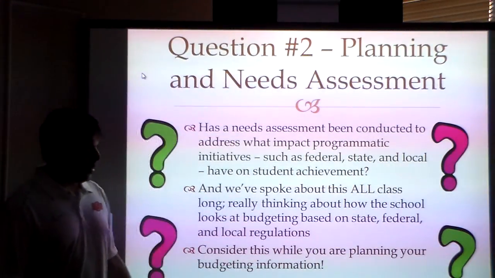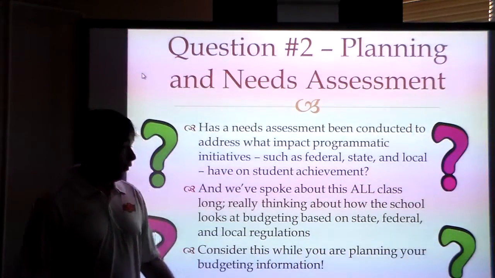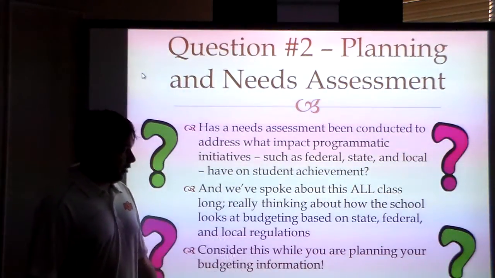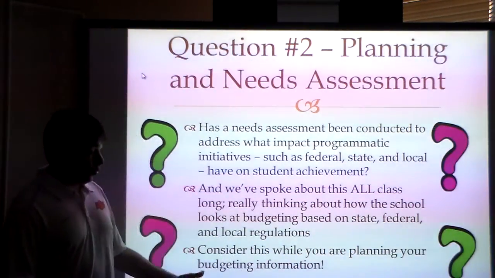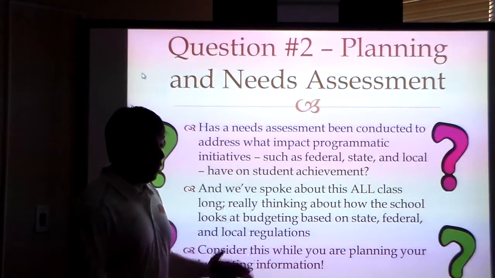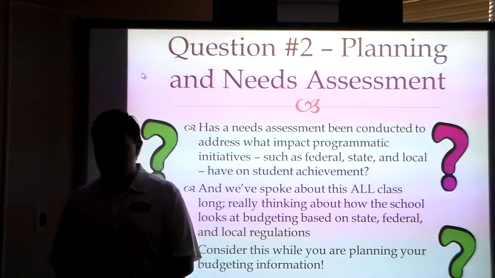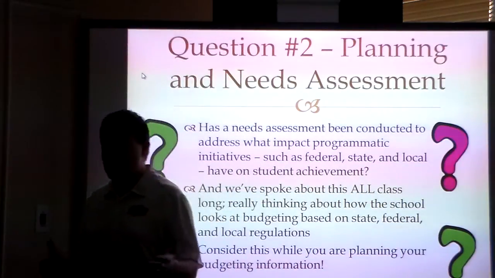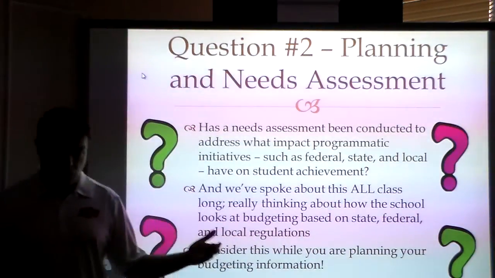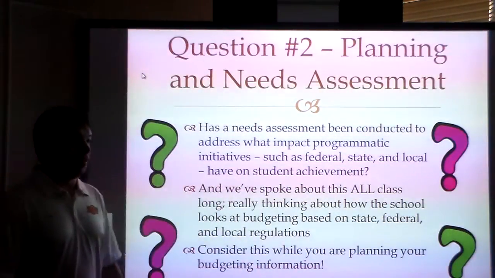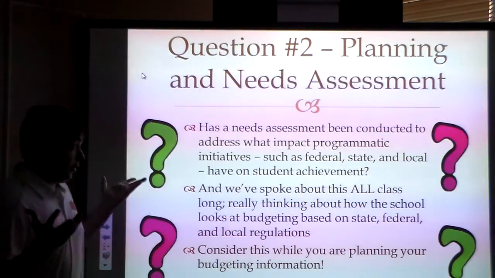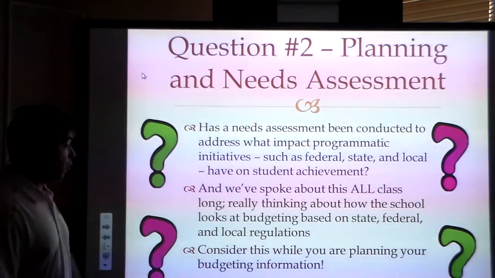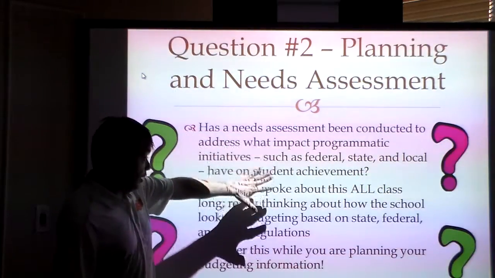Your state is going to be more involved with your property taxes, your attendance rate, your school grade, and your local is going to be more involved with attrition in the district and specific programming needs, whether or not your district needs a vocational program, whether or not your district needs a gifted program, a STEM program. So all of these impact student achievement.